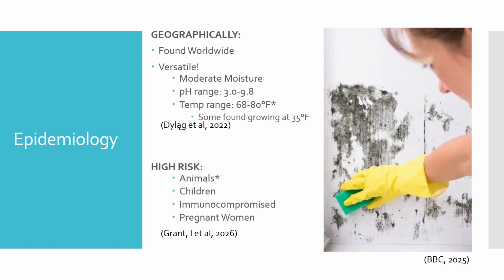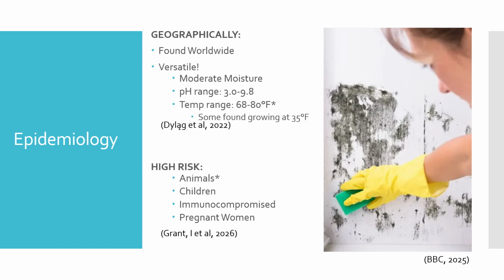Stachybotrys chartarum is actually found worldwide. You could commonly find them growing in buildings, but they are a pretty versatile mold. All they need is a decent amount of moisture, but they could grow in almost any sort of pH range, from 3.0, meaning highly acidic, to 9.8, meaning highly basic.